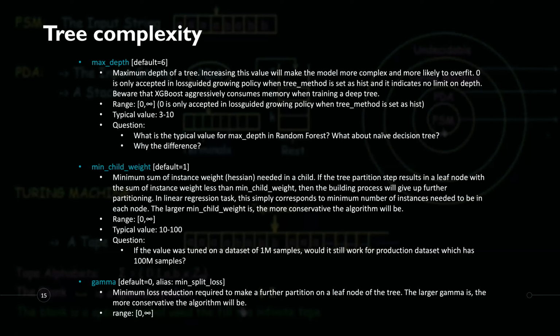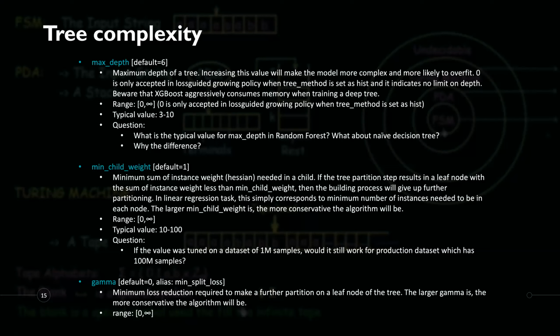And when we change the training data from 1 million samples to 100 million samples, I would tend to increase this value a little bit. It's just because, think about it.